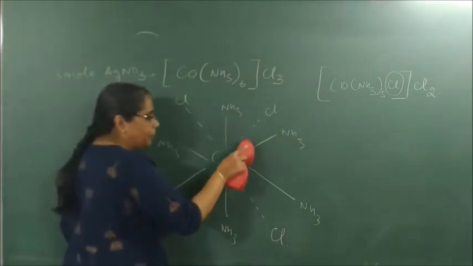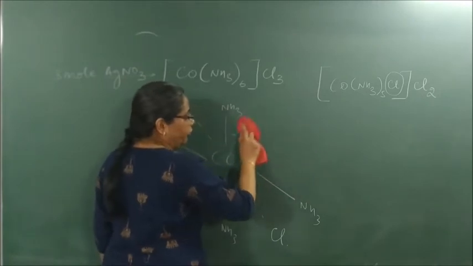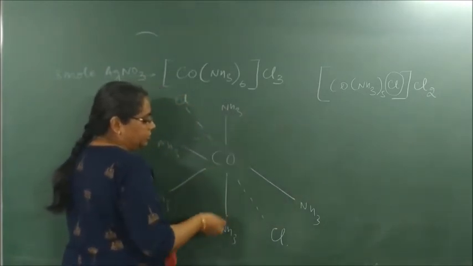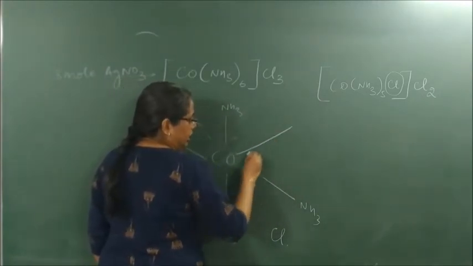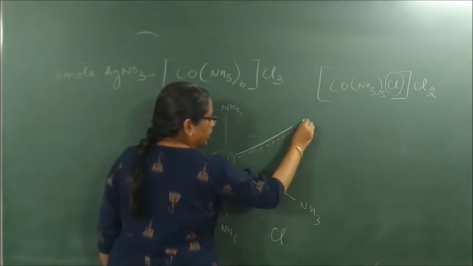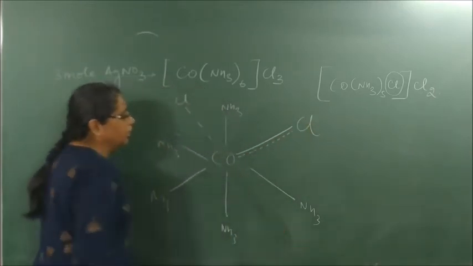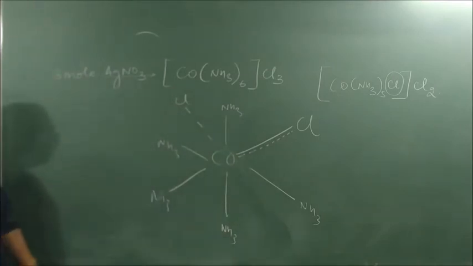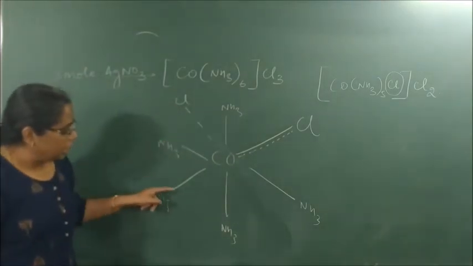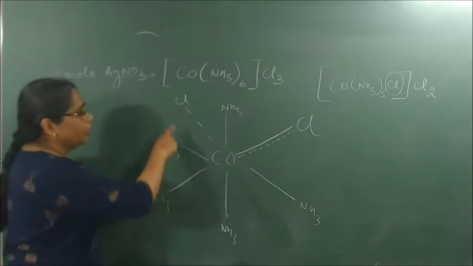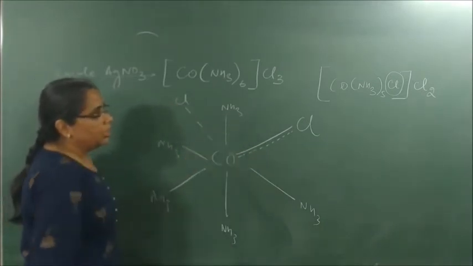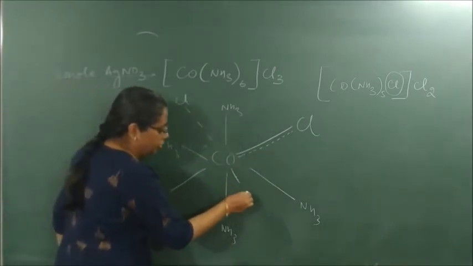So now one NH3 goes, and what comes here? You get one solid line as well as one dotted line for a Cl. This shows the same compound again, with 5 NH3, and you have one more Cl.